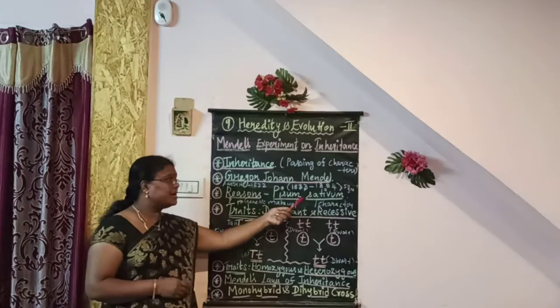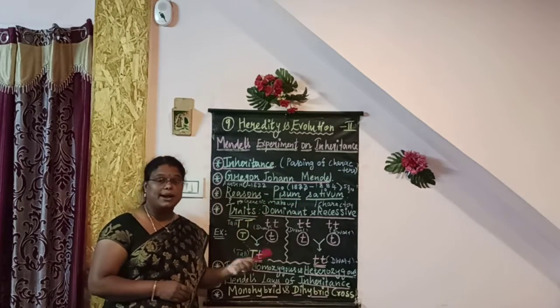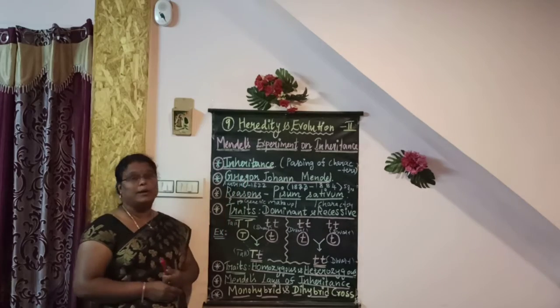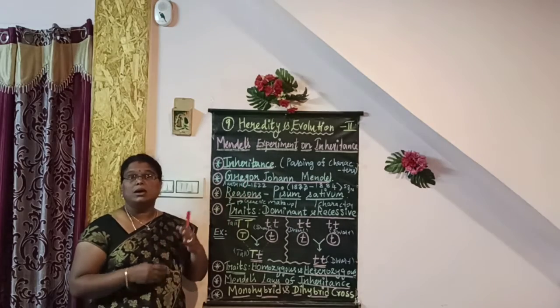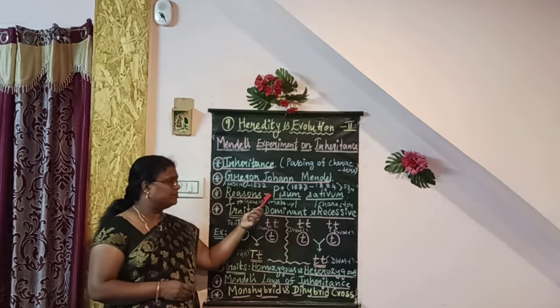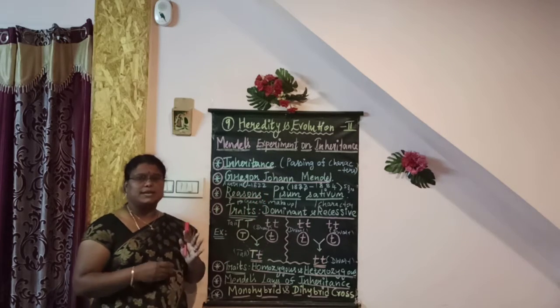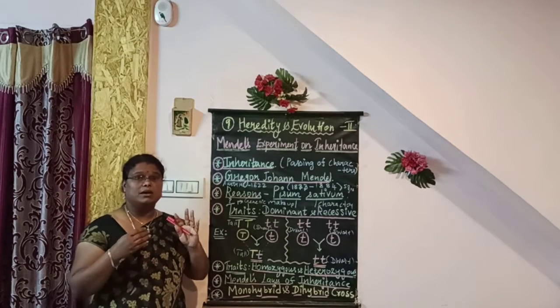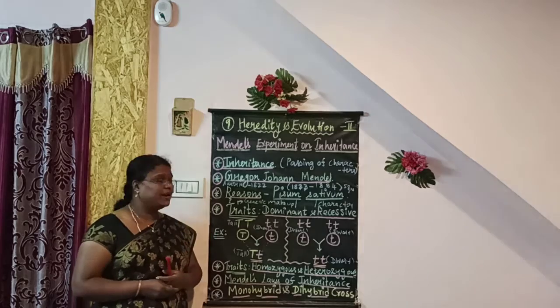Pisum sativum is commonly called garden pea plant, and this plant was chosen by Gregor Johann Mendel for his experiment on inheritance because Pisum sativum has many characters which helped in his experiment.